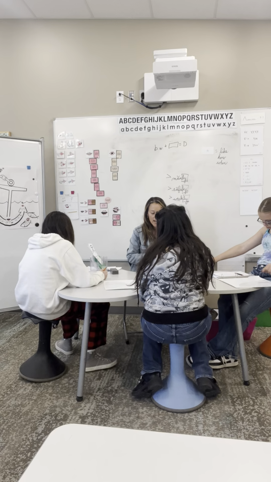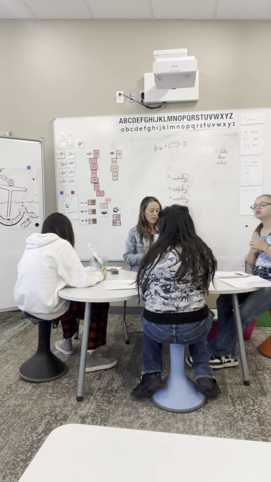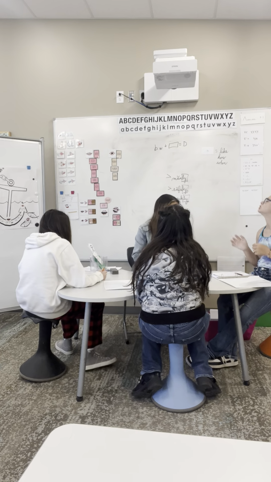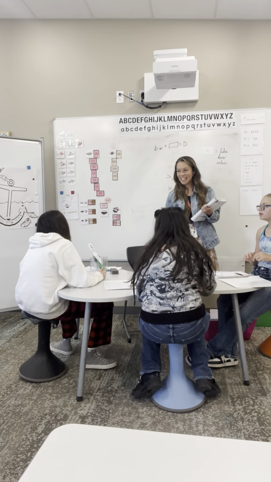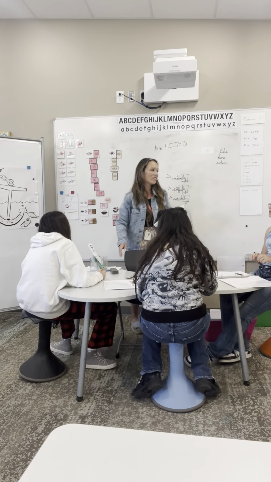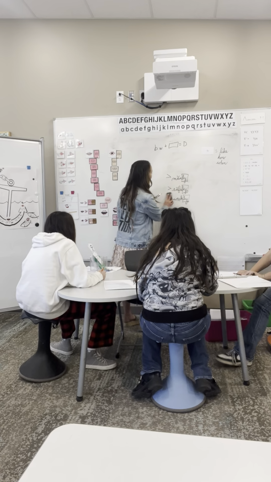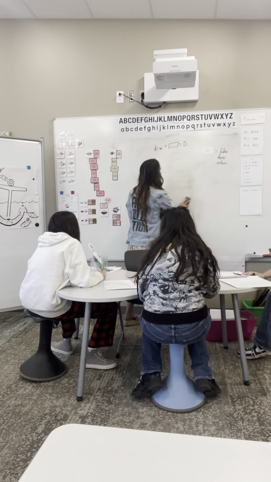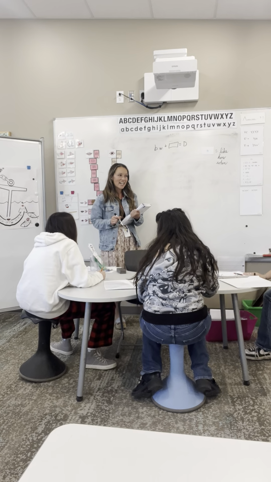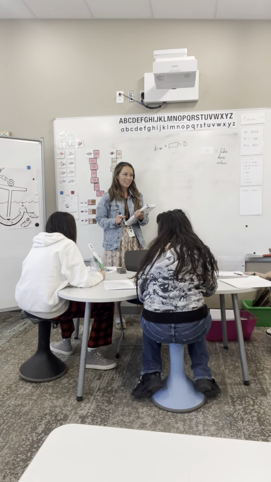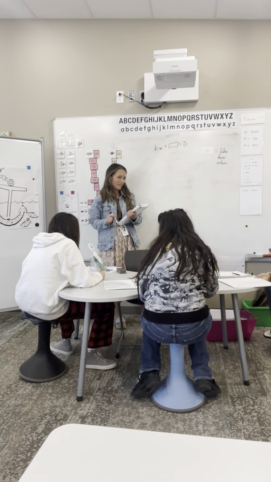Let's go ahead and review again. A base word is the simplest form of an English word. A suffix is a letter or letters that changes the meaning or usage of an English word.